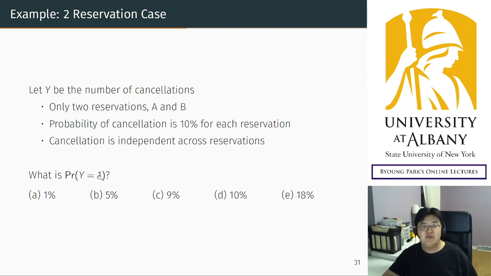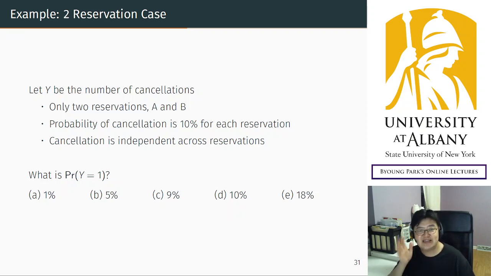And then I'm going to ask you this way. What is the probability that Y equals 1? Which means what is the probability that the number of cancellations is 1? So only one out of two reservations is cancelled. What is that probability? Try answer this question.